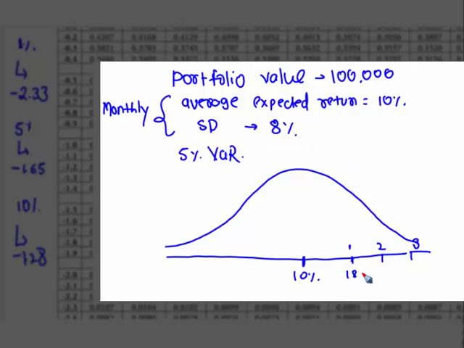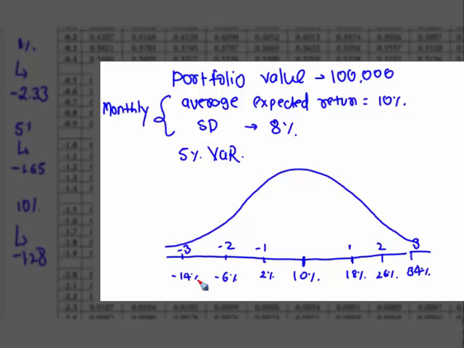So this would be 18% return. 2 standard deviations, 26% return. 3 standard deviations would be 34% return. Are you following this? 1 standard deviation on this side, 2 standard deviations on this side, 3 standard deviations on this side. This would be 2% positive return. This would be minus 6%. This would be minus 14%.